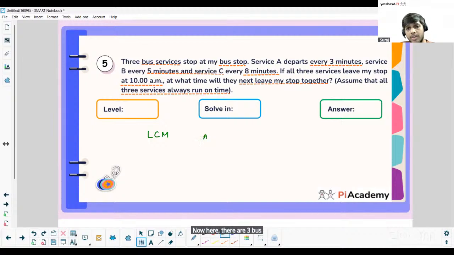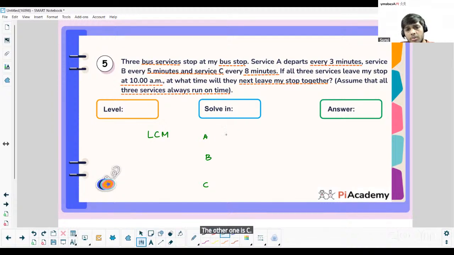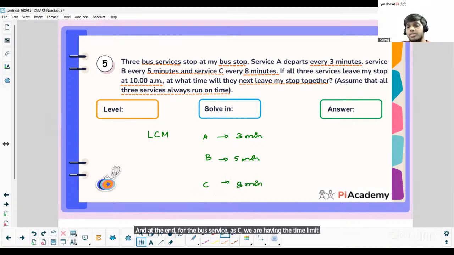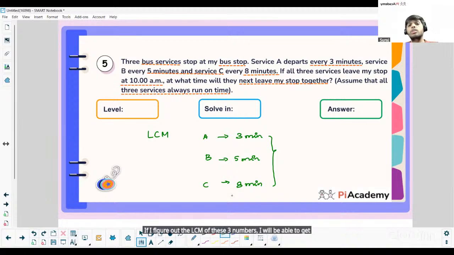One is A, the other one is B, the other one is C. Bus A always departs after 3 minutes, whereas for B we have the timing as 5 minutes, and for bus service C we have the time limit as 8 minutes. If I figure out the LCM of these three numbers, I will be able to get when they are going to leave the stop together. So this is the only way I can calculate these type of questions.